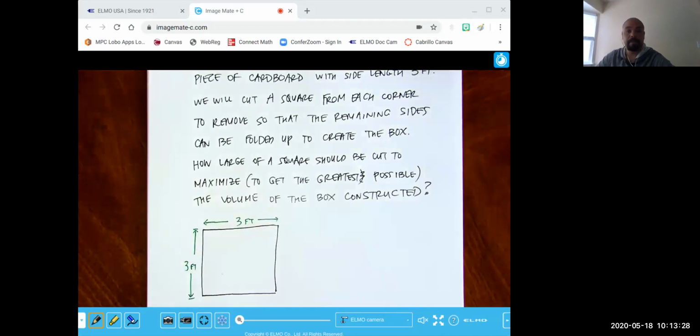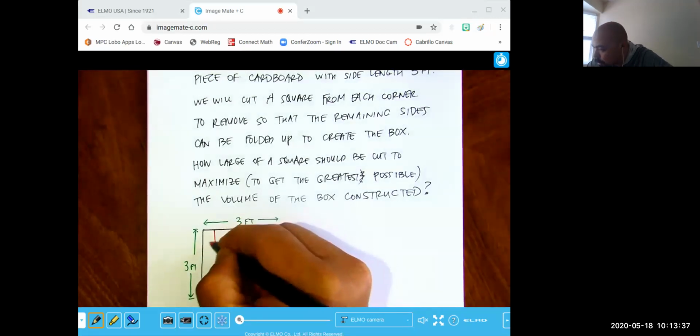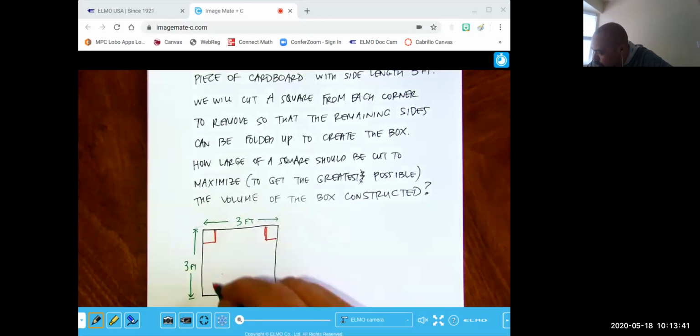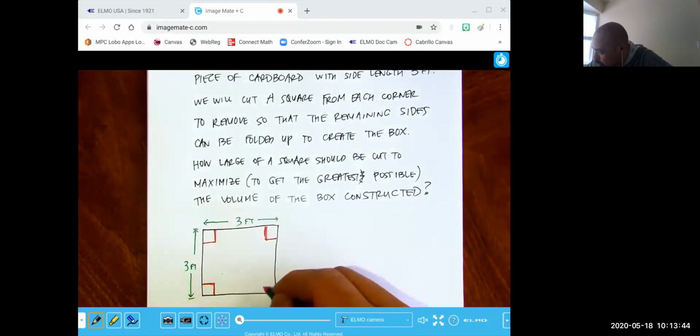And then what we're gonna do, we're gonna cut a square the same size from each of our 4 corners.